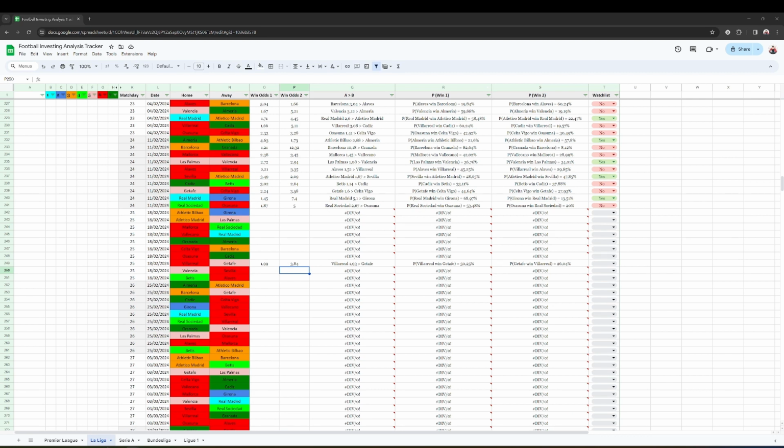They drew with Mallorca, 1-1. And they drew with Cadiz as well. So yeah, definitely something to check, right? I don't think Villarreal should be 1.99 in this game.